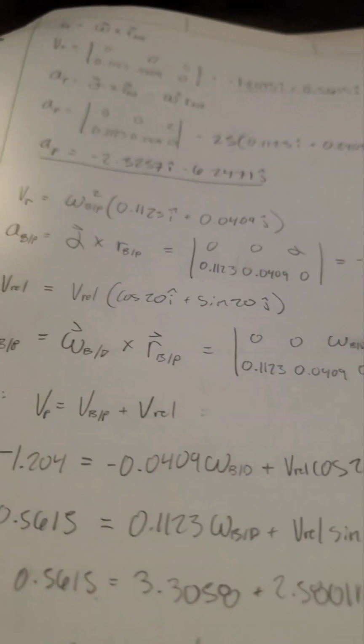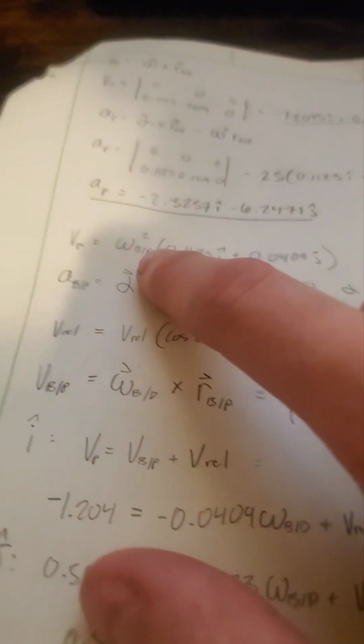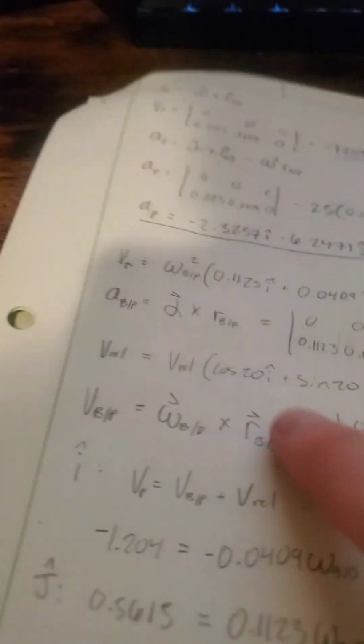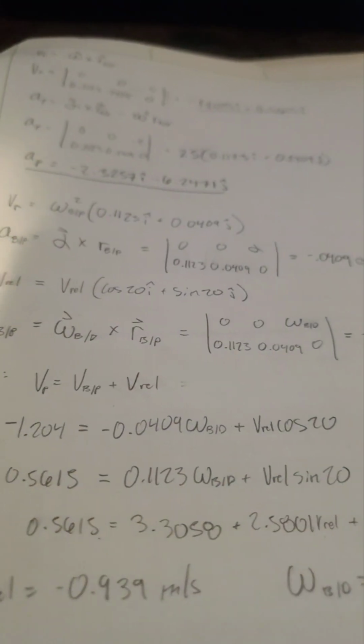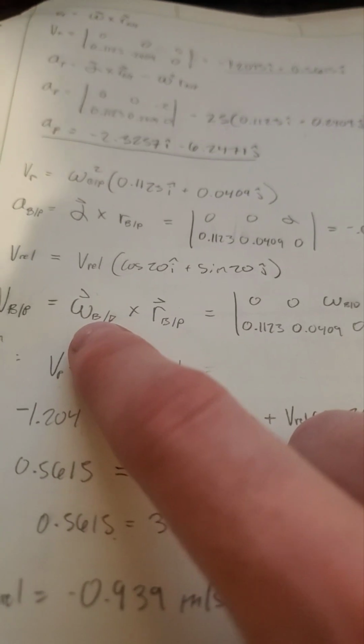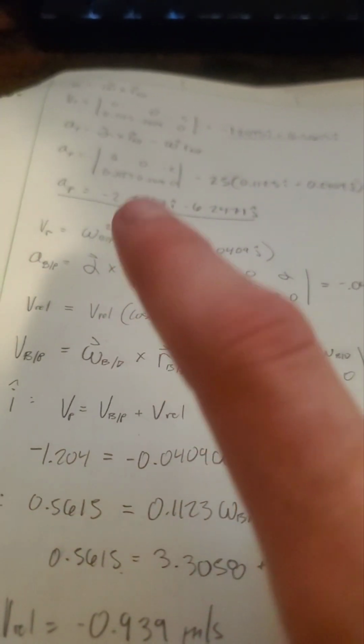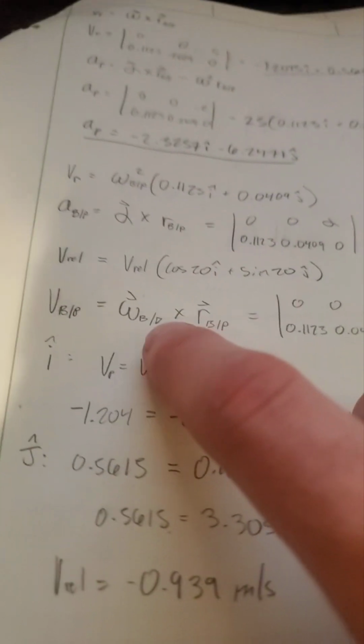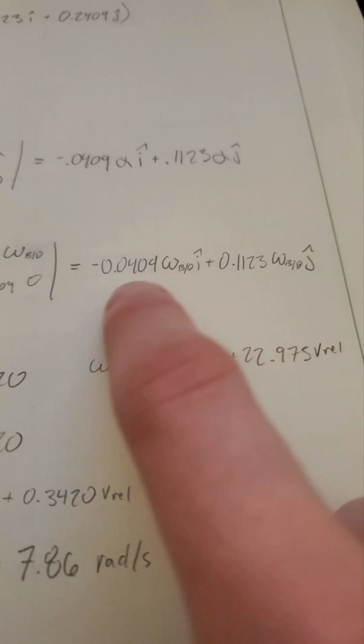And then I just solve for the velocity relative to the actual bar itself, the bar that's moving. So you can find that by using this simple equation. Even though we don't know the angular velocity of BD, you can just do the cross product anyways, just to give you some points.